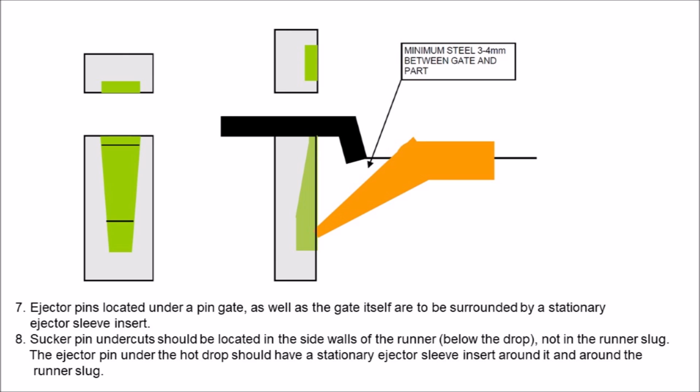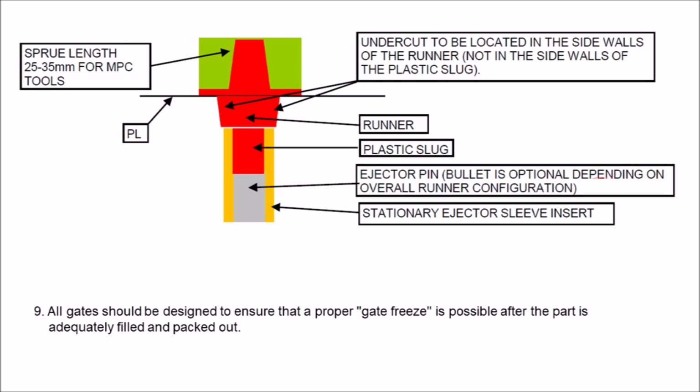7. Ejector pins located under a pin gate, as well as the gate itself, are to be surrounded by a stationary ejector sleeve insert. 8. Sucker pin undercuts should be located in the side walls of the runner, below the drop, not in the runner slug. The ejector pin under the hot drop should have a stationary ejector sleeve insert around it and around the runner slug. 9.